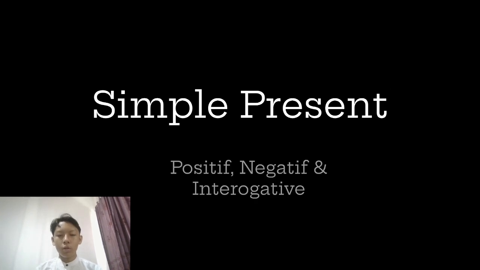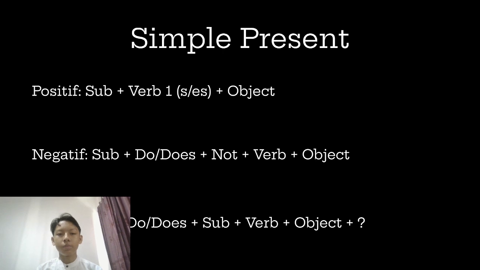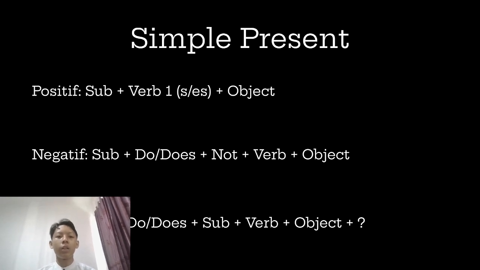Okay, so for the first is simple present. I will give you the formula of positive, negative, and interrogative simple present. For the positive, first you add the subject, and after that verb one and then object.